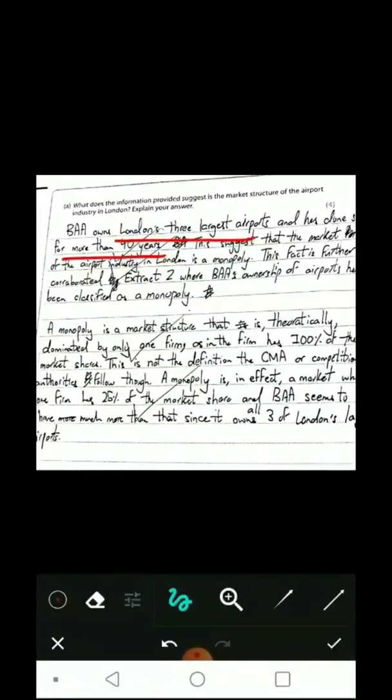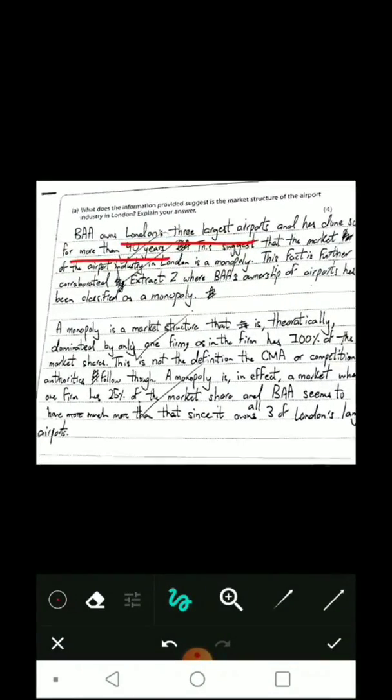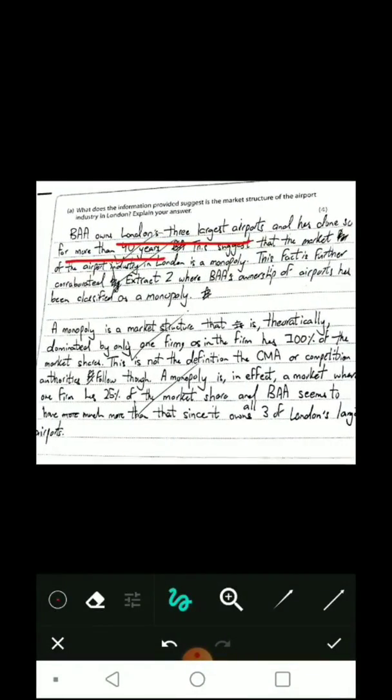This fact is further corroborated by extract 2, where BAA's ownership of the airports is classified as a monopoly. If you go to extract 2, it's mentioned that BAA is a monopoly. So that is my point.